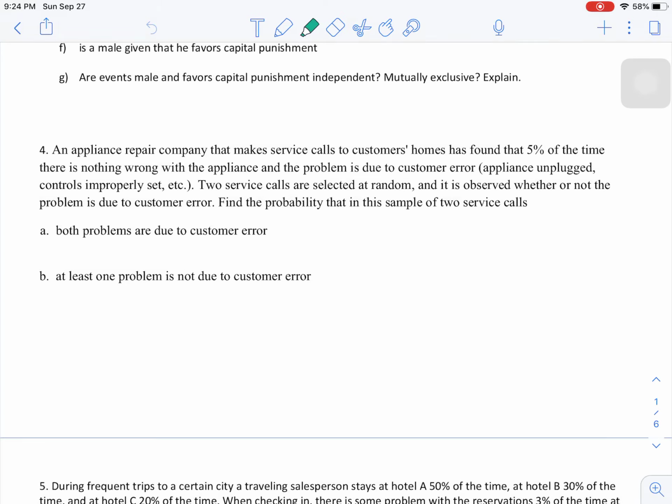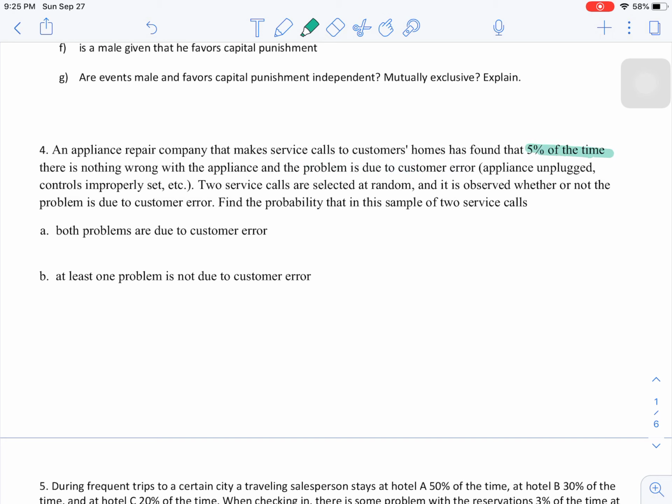In question 4, our scenario is that we have a repair company and they make service calls to people's homes. And 5% of the time, they go to the customer's house and nothing is wrong. 5% of the time, the issue is just due to customer error, like they forgot to turn something on or something's unplugged or whatever.